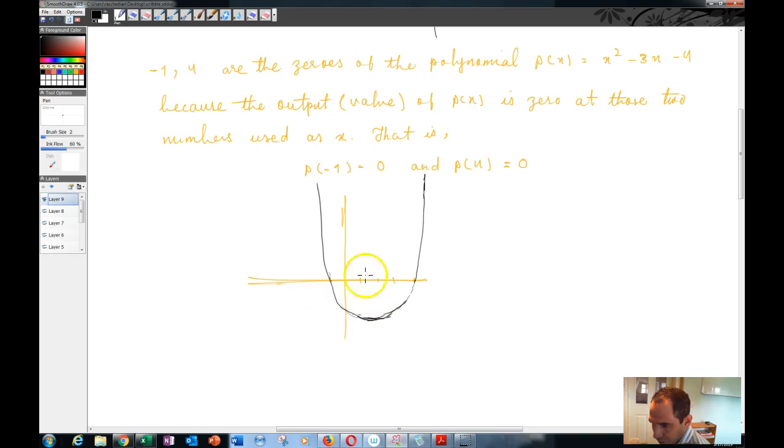There is a lower limit for your output here somewhere. Your function has a minimum over here, and it has no maximum. It goes all the way to positive infinity. But this point over here is -1, 0, and this point over here is positive 4, 0.